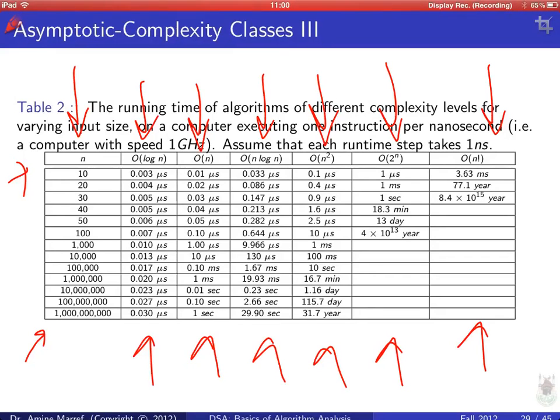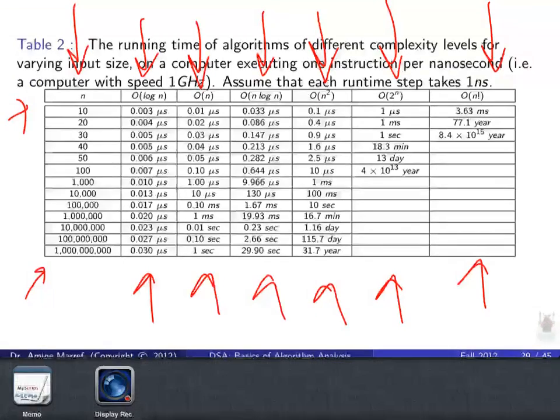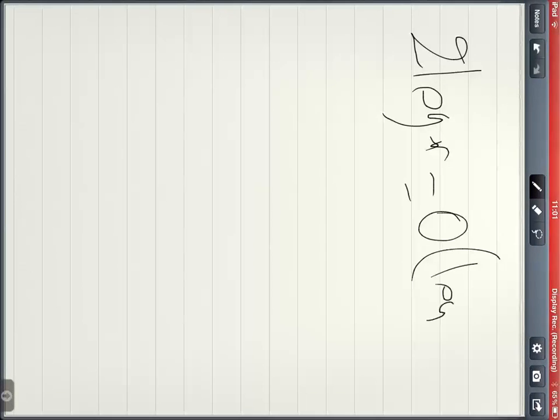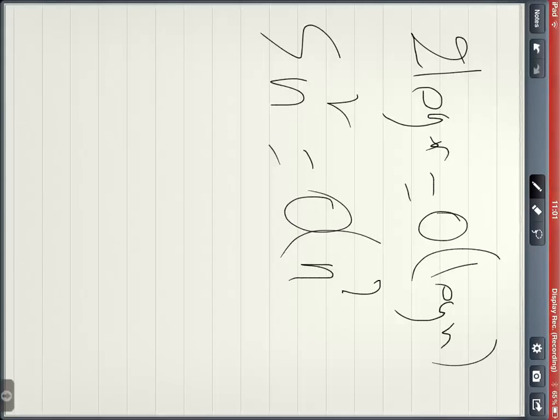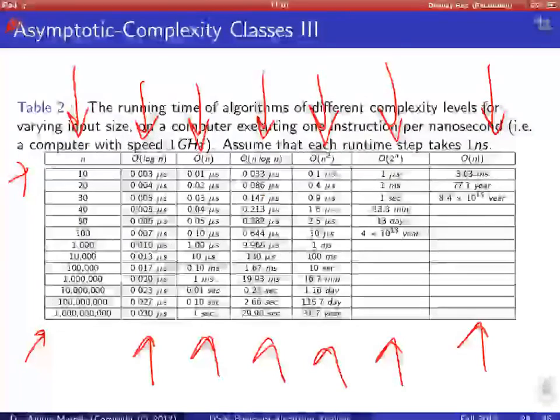Are you still with me, or are you completely switched off now? I'm saying that here, when n was 10, the execution time was 0.01 microsecond, which is 10 nanoseconds. And then when the input is a billion, it becomes 1 second. Now 1 second is a million microseconds. So million times 100, that's 100 million.